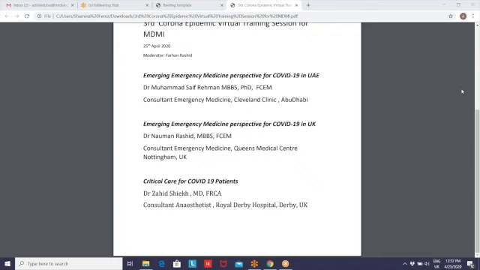Zahid bhai, can you also mention the positioning of the patient during CPAP, etc.? Yes, we can talk about that. During non-invasive oxygen supply, you can also position the patient. You can put them prone, and early proning has shown that it can improve their lung function.